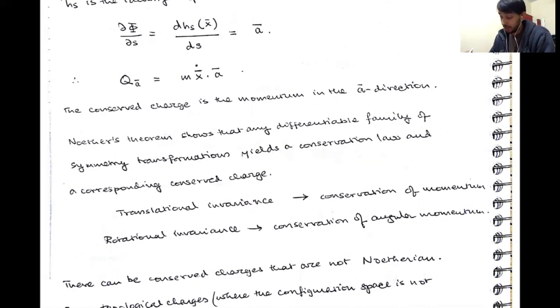Translational invariance, as we have been seeing, is essentially something that leads to conservation of momentum, and rotational invariance, of course, again leads to conservation of angular momentum.